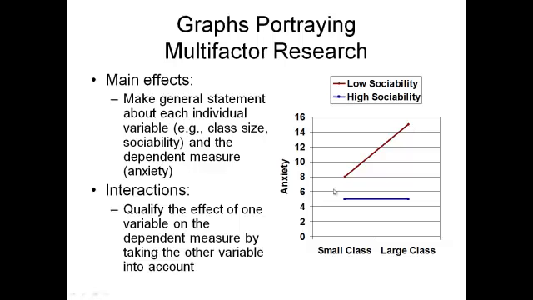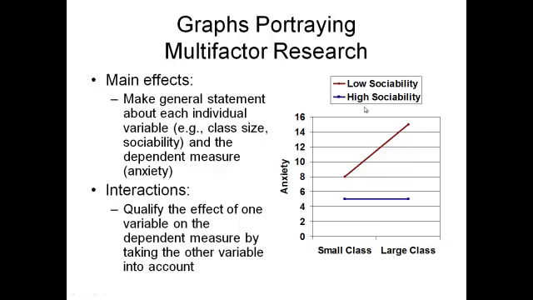But look at those who have high sociability. For students who have high sociability, it doesn't matter one bit whether they are in a small class or a large class. Their level of anxiety is the same. So if we are going to conclude, for example, that we should put everybody in small classes because it'll reduce their anxiety, the answer is no. It's not going to reduce everybody's anxiety.